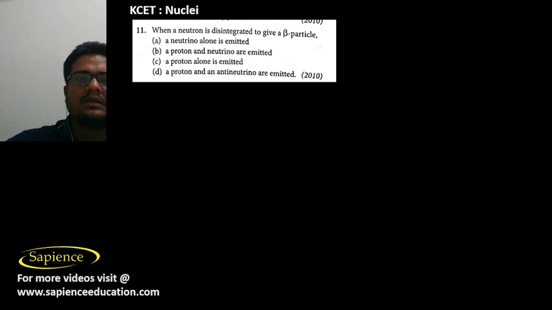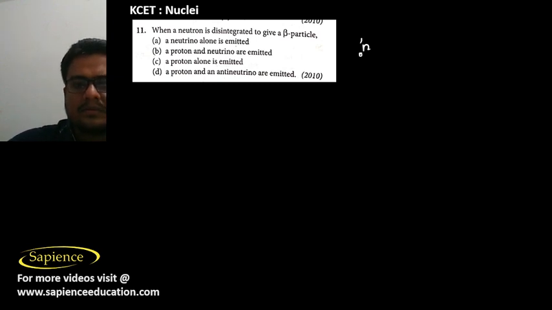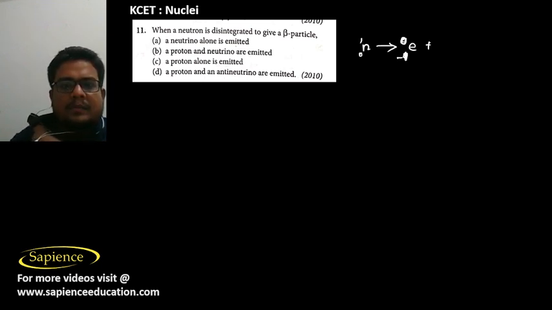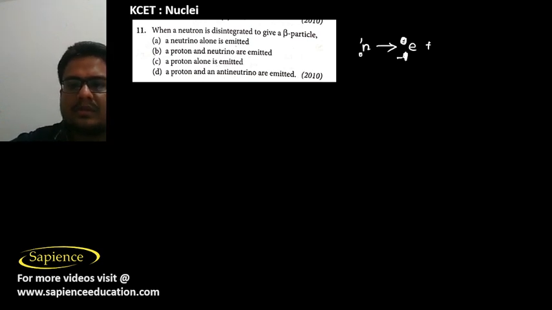Question number 11, it is told when a neutron is disintegrated to give a beta particle, which is e with 0 and minus 1, then a proton, which is H 1 1, is also emitted, and one anti-neutrino is also emitted.